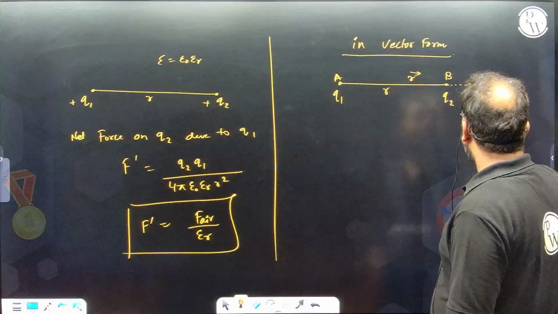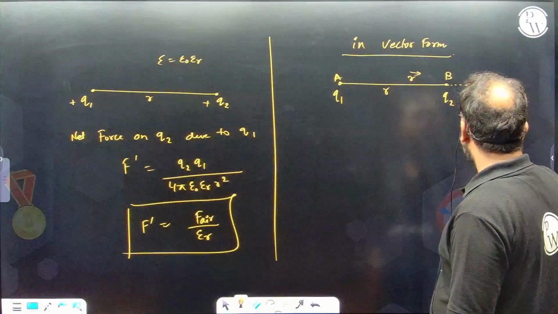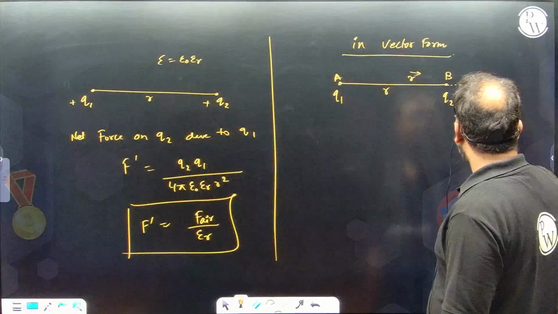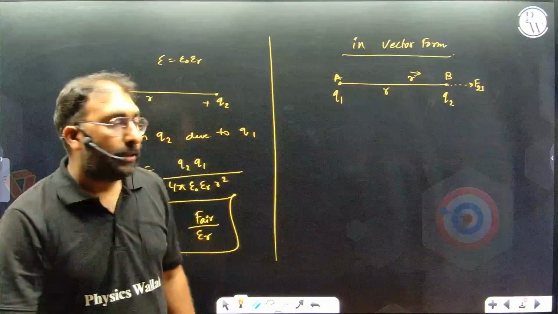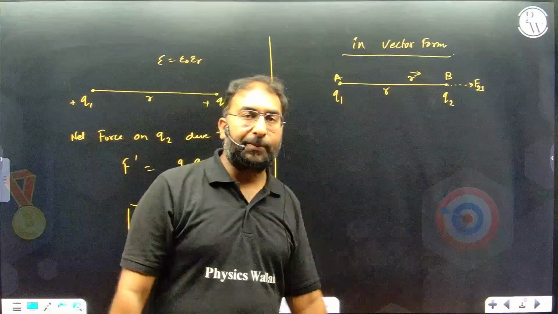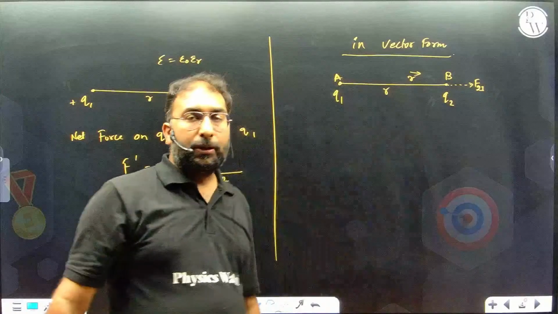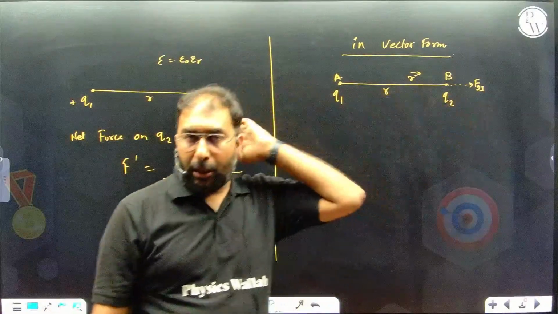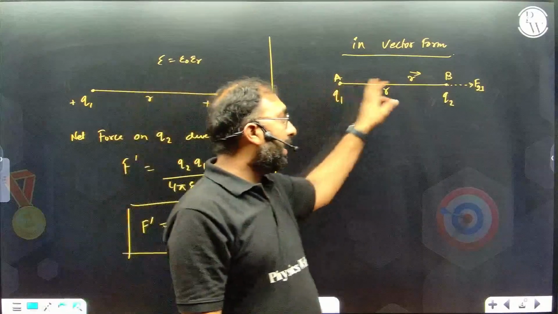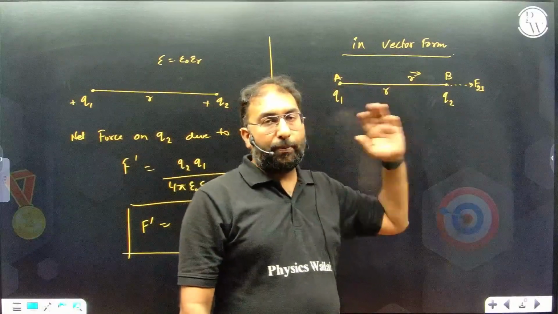This will be the force acting on Q2 because of the first particle. So I am writing this as F21. F21 is the force acting on the second charged particle because of the first charged particle, and the direction will be along AB, away from A.